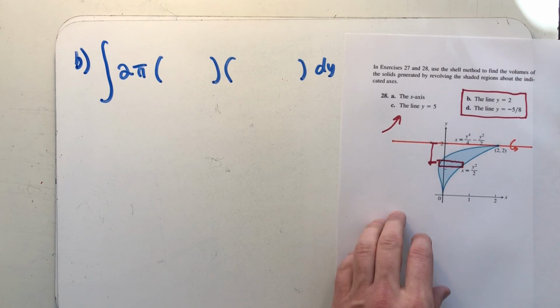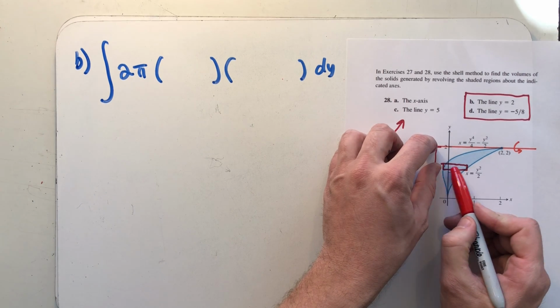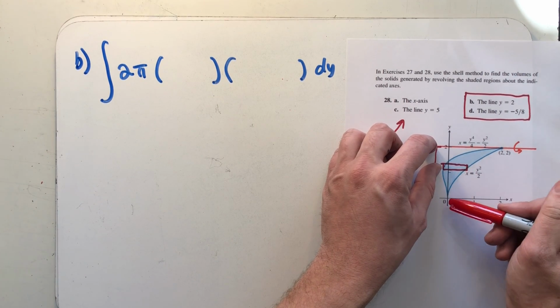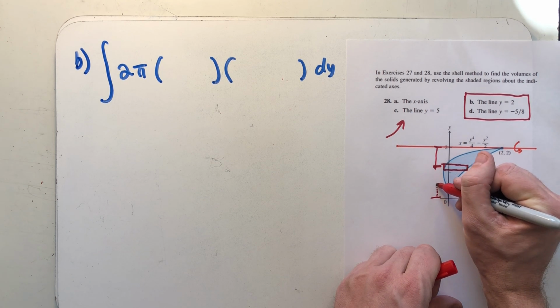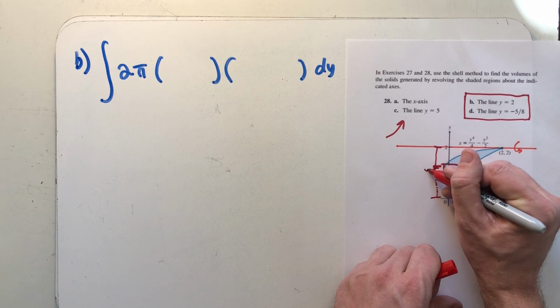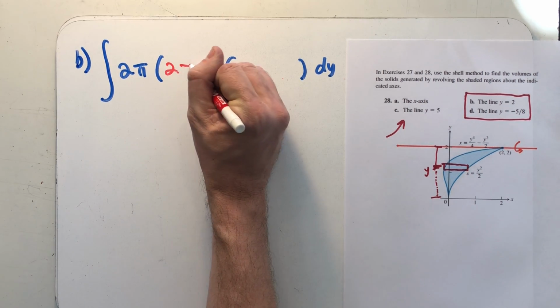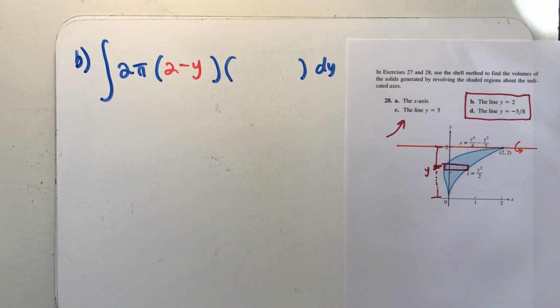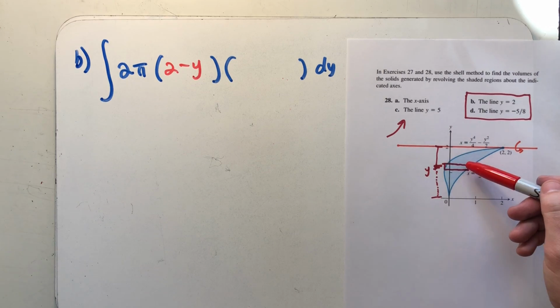Well, I see that my shell radius is the distance between this horizontal line at y equals 2 and where this particular rectangle is. Well, the rectangle itself is just some height above the x-axis, so that's the y-coordinate, and so that distance would be 2 minus y. Now I need to think left function subtracted from the right function.